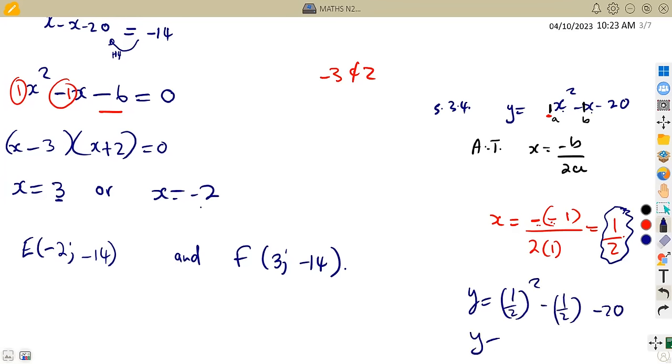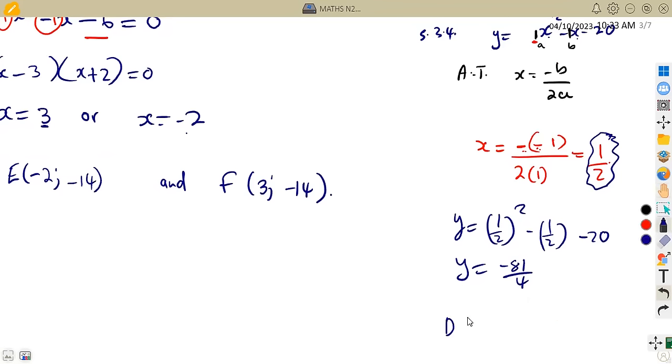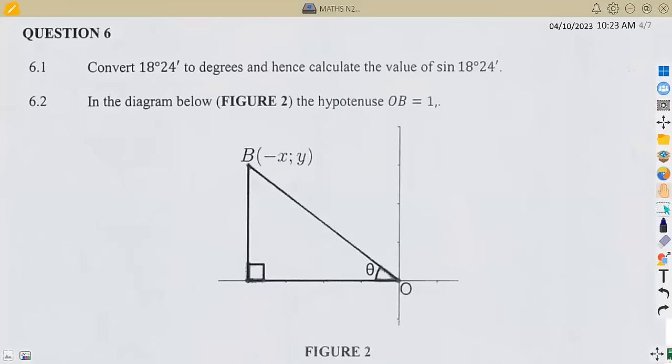So that was our point D, the turning point, at x equal to 1 over 2 and y equal to minus 81 over 4. All right, so that is how we could have calculated D, which was a turning point. But like I said, the question was not properly given. So I just hope we understand what I'm trying to say.